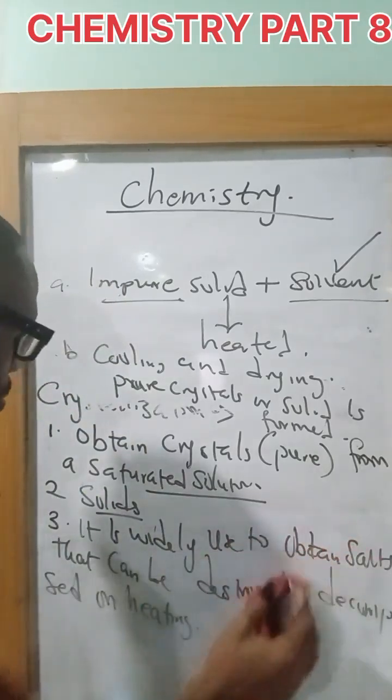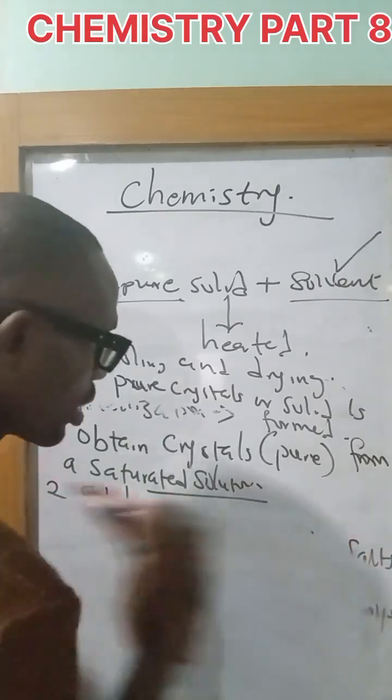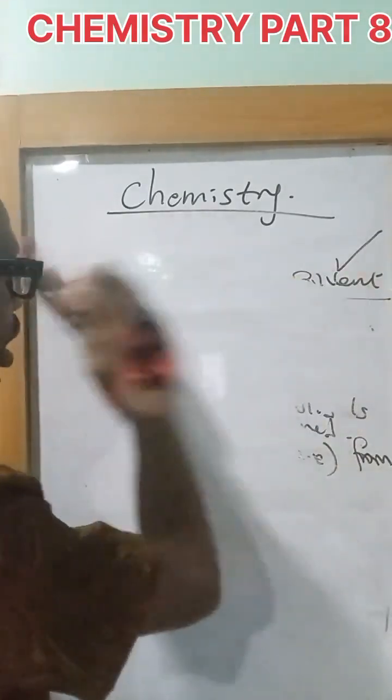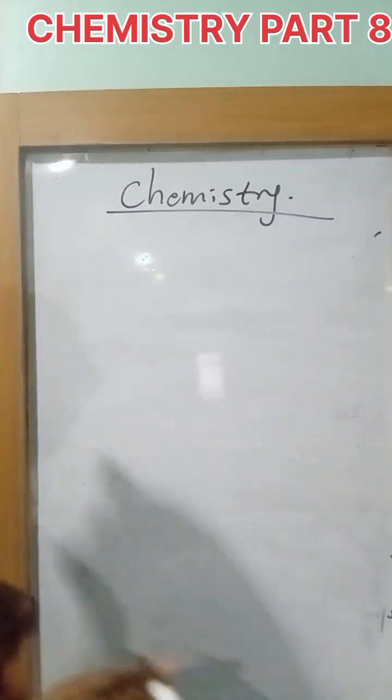Fractional crystallization. In the case of fractional crystallization, it is used to separate 2 or more salts.